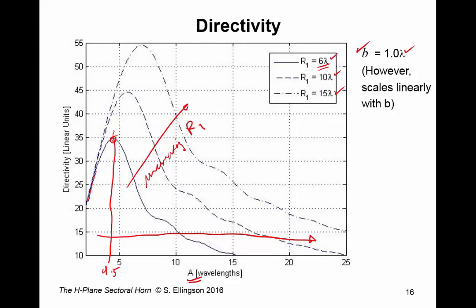So there will always be some optimal value of A for any given choice of other parameters at which we achieve the best possible directivity, and that's typically what a designer is looking for. And by the way, I should point out that all these results scale linearly with B. The reason is B appears as a factor in the electric field expression.